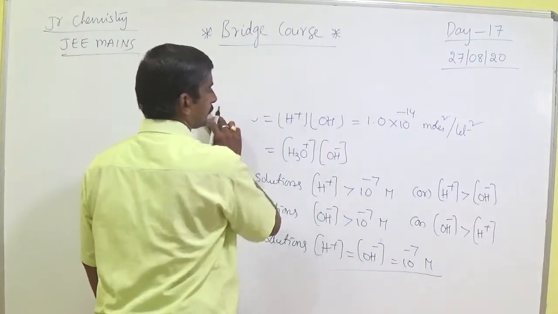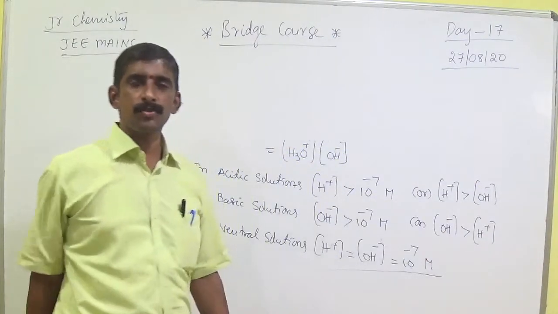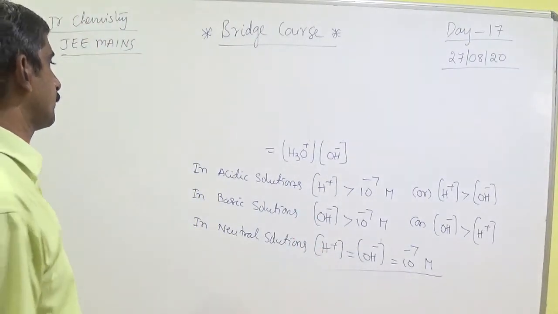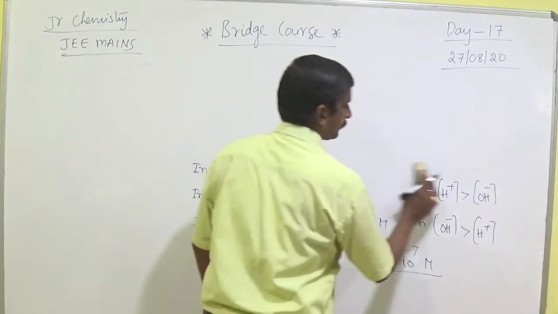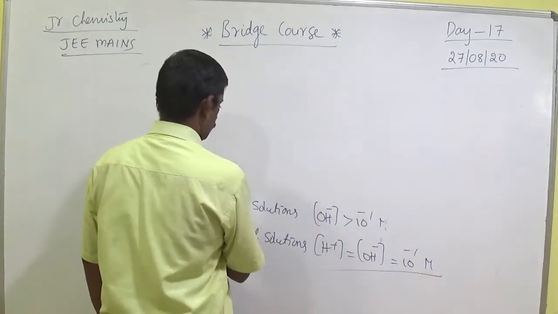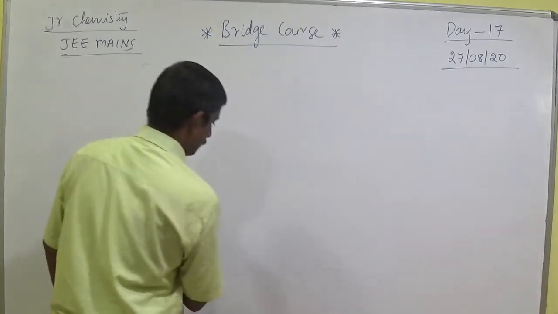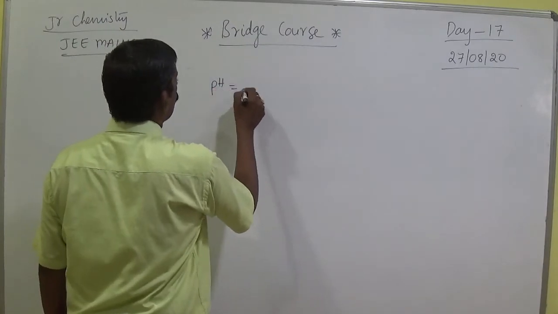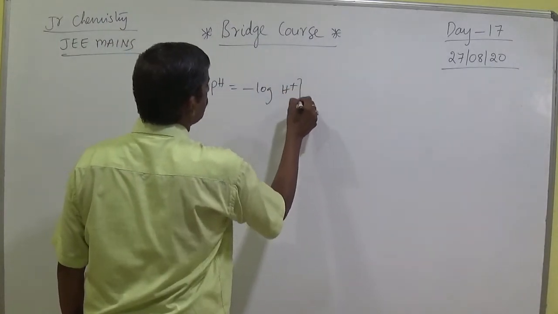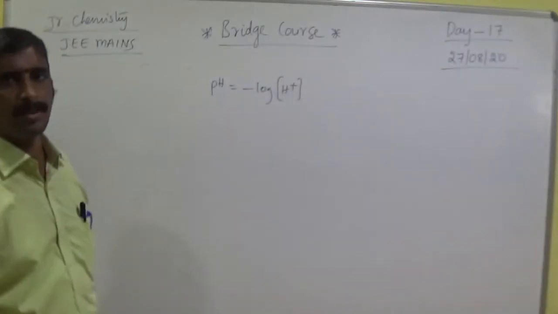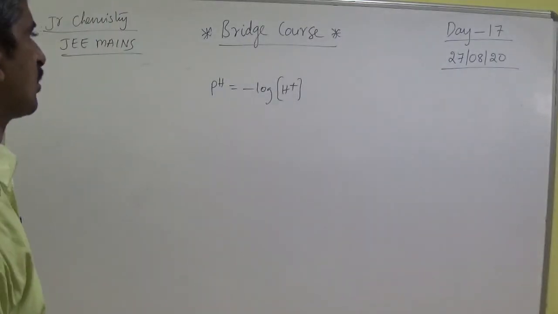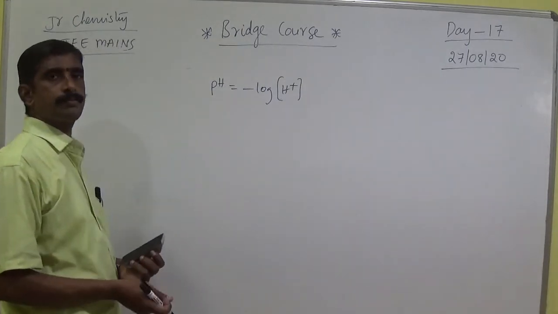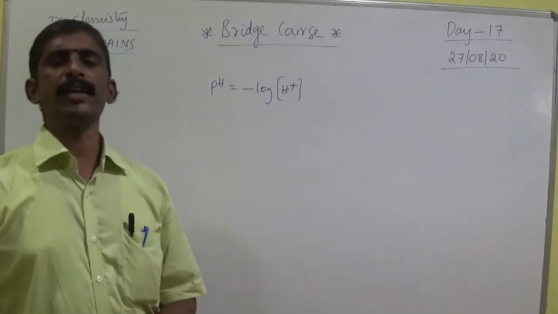Dear students, don't confuse, all are easy. We know pH equals minus log of H plus. pH is inversely proportional to acid concentration, minus meaning negative.